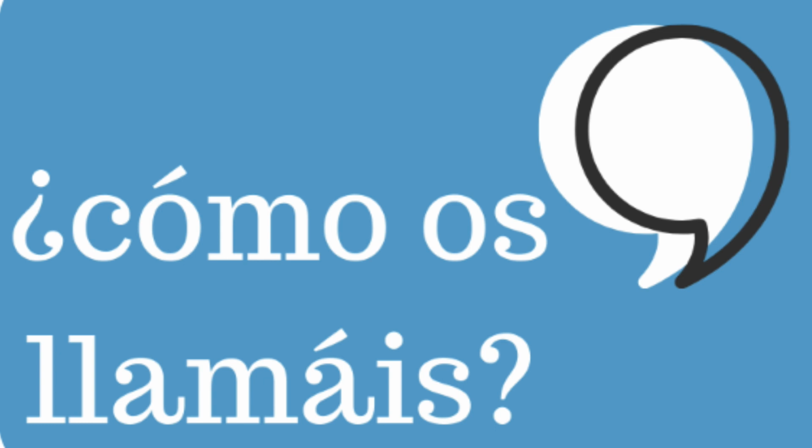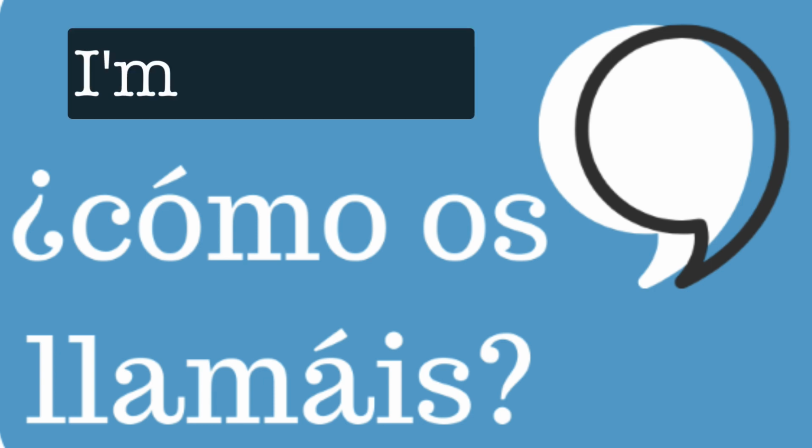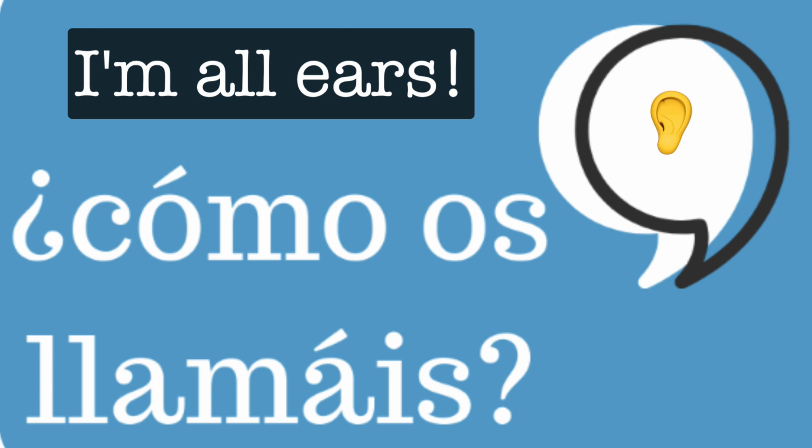Okay, I'll now hand it over to you, and don't be put off if it looks a bit long. Perhaps you might prefer to close your eyes and just repeat ¿Cómo os llamáis? That might be easier. I'm now going to go quiet. Over to you. Estupendo, amigos míos. ¿Cómo os llamáis?